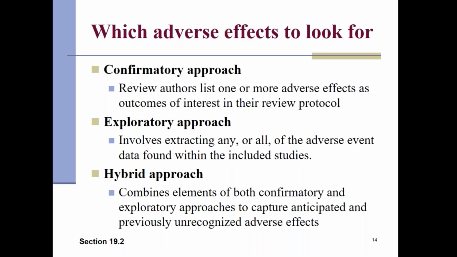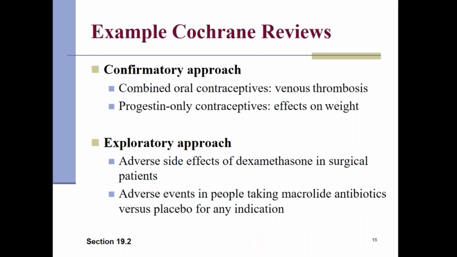There's the exploratory approach, which involves extracting any or all of the adverse event data found within the included studies. And then there's the hybrid approach, which combines elements of both confirmatory and exploratory approaches to capture anticipated and previously unrecognised adverse effects. I've got some examples here that are real Cochrane reviews.